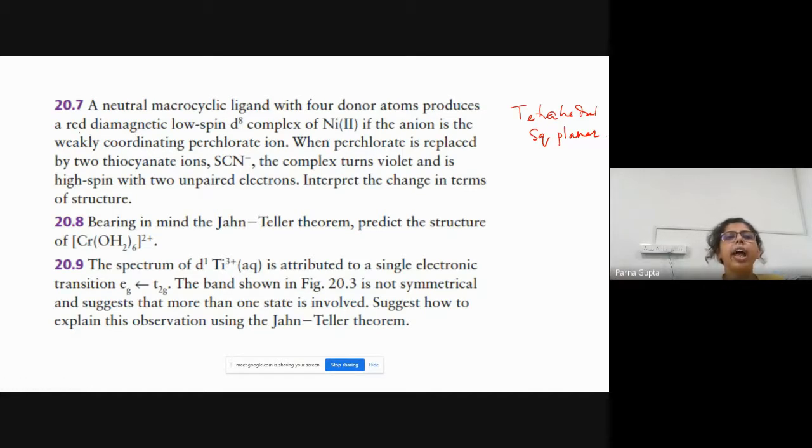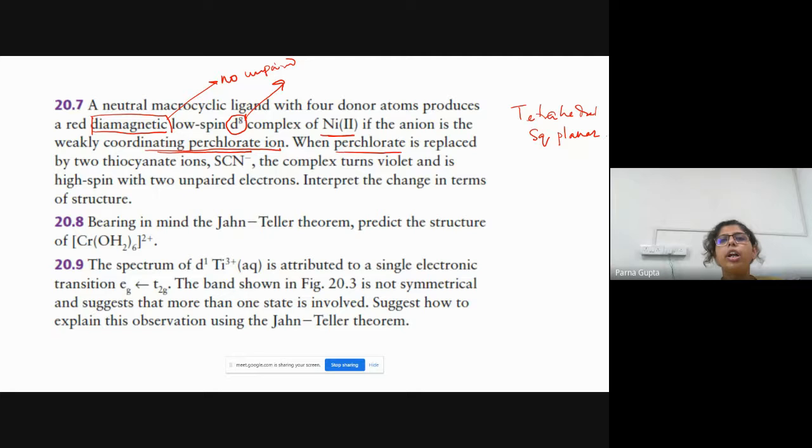It is diamagnetic. Diamagnetic means there is no unpaired electron. So go with this. First, d8. D8 means you know the number of electrons, and then diamagnetic, so no unpaired electron, of nickel(II), and if the anion is the weakly coordinated perchlorate ion.